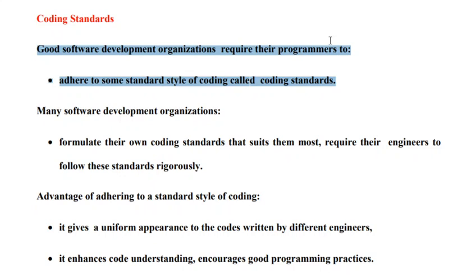The organization needs the programmer to follow it, because coding standards help in elevating the uniformity of representation, thus facilitating readability, understandability, acceptability, and maintainability. So again, I'll repeat it: adherence to coding standards elevates the uniformity of representation, which further facilitates readability, understandability, acceptability, and maintainability.